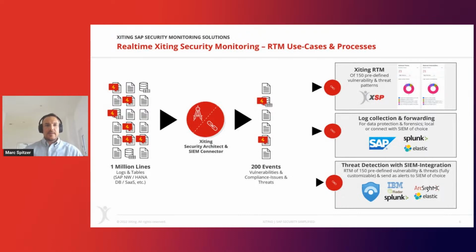And this is the different use cases with our tools and tool suites. Different processes you can run. Normally those processes are run by a so-called security operations center. So you can think about, do you already have something like that in place? Then maybe threat detection with the SIEM integration is the right way for you, to integrate your whole SAP landscape to your operations center, which is already in place.